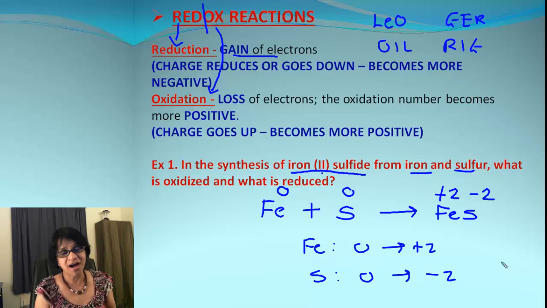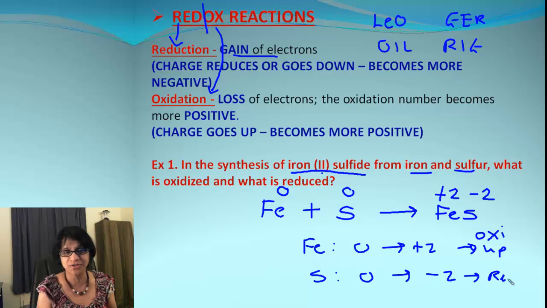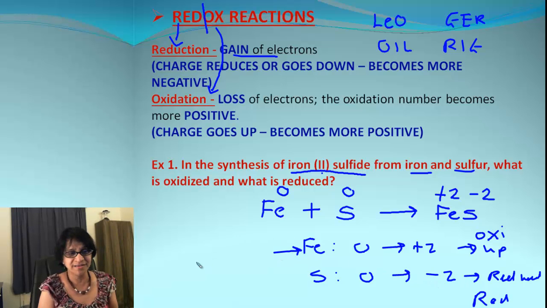If the charge goes up, like this, 0 going to +2, that is oxidation, and if the charge gets reduced or goes down, then that will be reduction. So in a way, we figured out iron is the one which gets oxidized and sulfur is the one which is getting reduced.